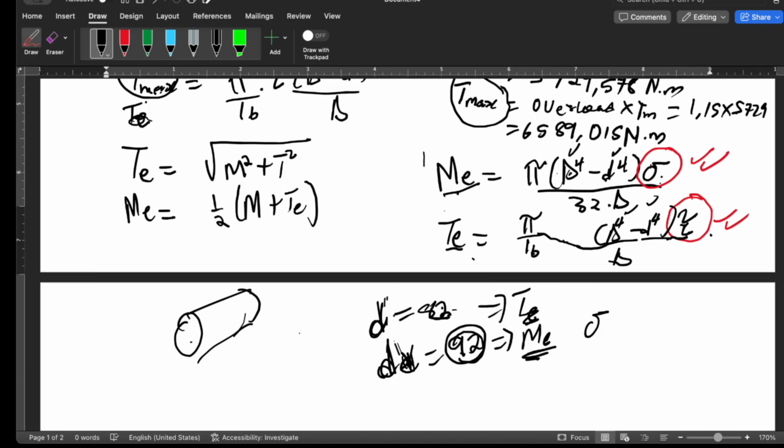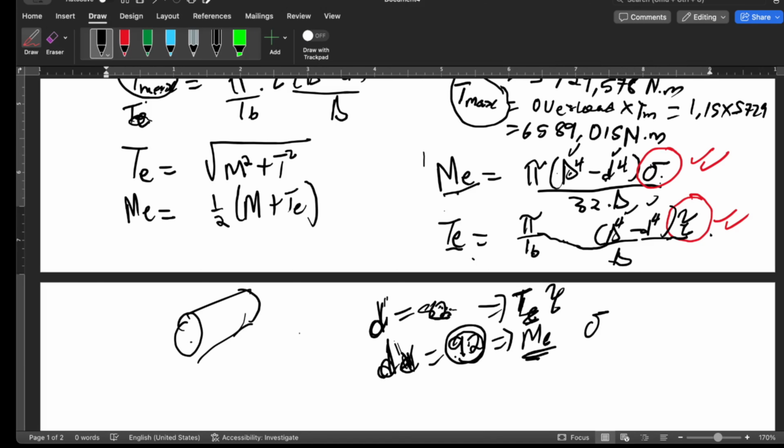But if we choose 92, it won't shear, because for it to shear it needs 82. So if we choose 92, we are 10 units more, therefore we are safe. That is why I was talking about allowable.